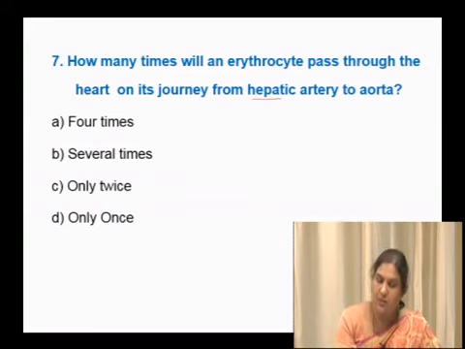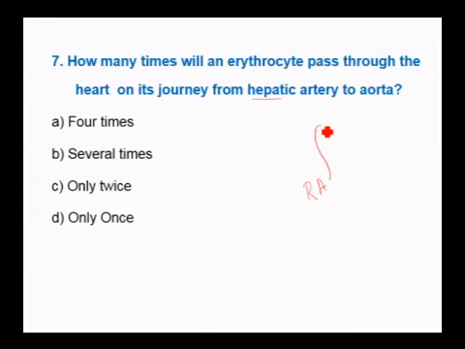From there it is pumped to the lungs, where it gets oxygenated, and it is pumped back to the heart into the left auricle. So this erythrocyte passes twice through the heart.